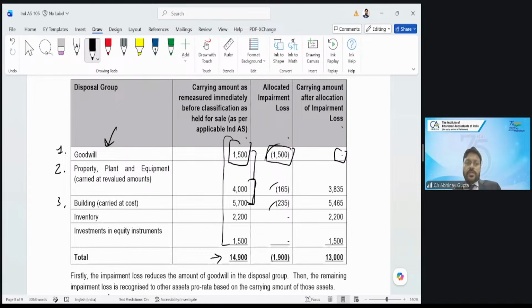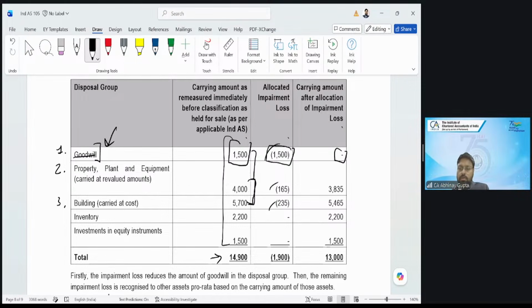So if this was not goodwill but some other non-current asset, then this 1500 wouldn't be allocated first to it, right? So all three assets would have been pro rata. But because we do have the goodwill in the disposal group, please bear in mind, whenever we have goodwill in the disposal group, the loss first gets allocated against the goodwill to make it completely nil. And the remaining, if any, will only be allocated, right?